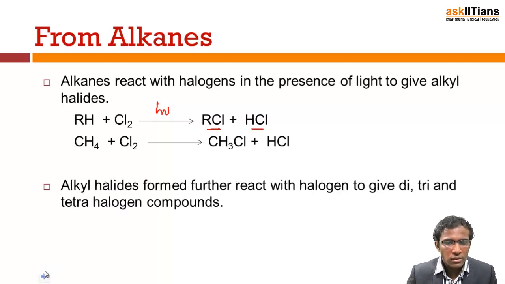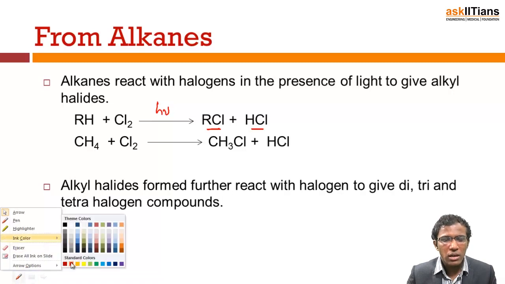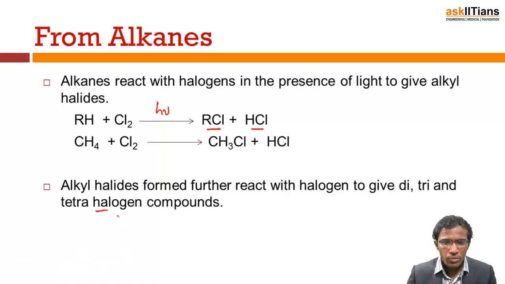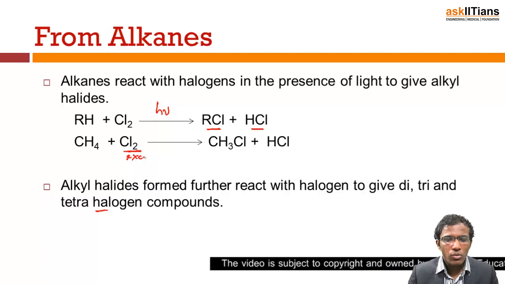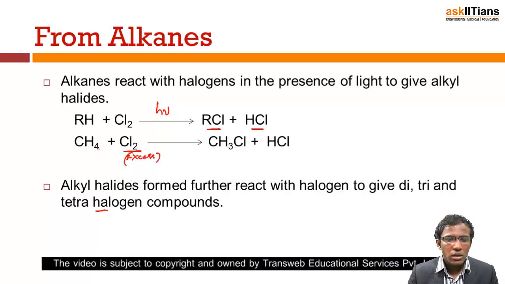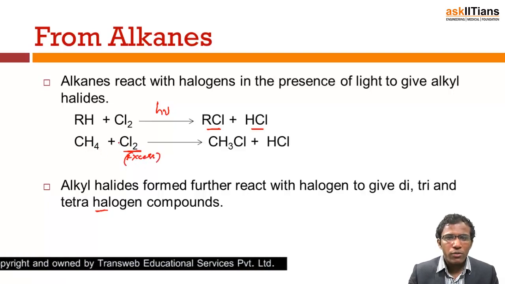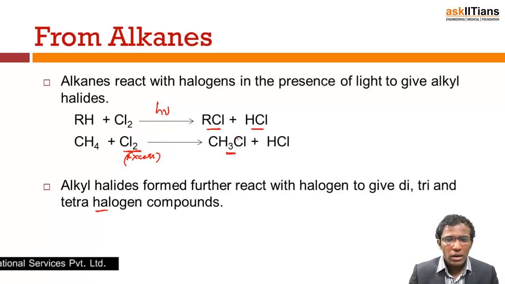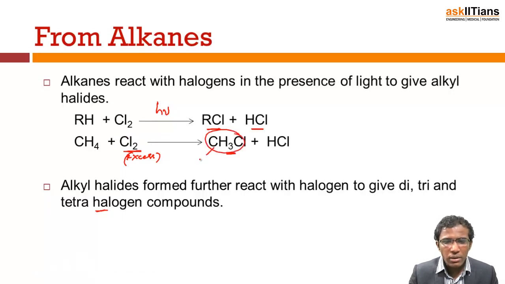Alkyl halides further react with halogens to give di, tri and tetra halogen compounds. If I take chlorine in excess quantity, the methane will react with some of the chlorine and produce methyl chloride, and this will again react with the remaining chlorine, because I have taken chlorine in excess.